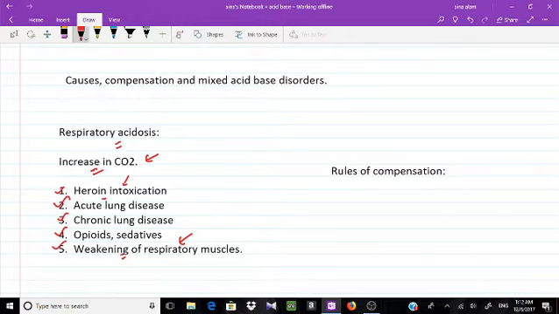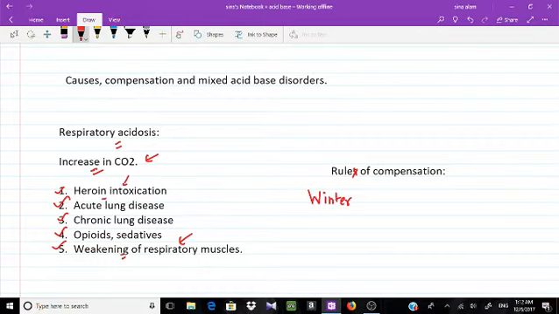Now, I discussed earlier, when you have acidosis in the body, there will be a compensation. The body tries to compensate. But what is the rule of compensation for this metabolic acidosis? Mr. Winters gave a formula.